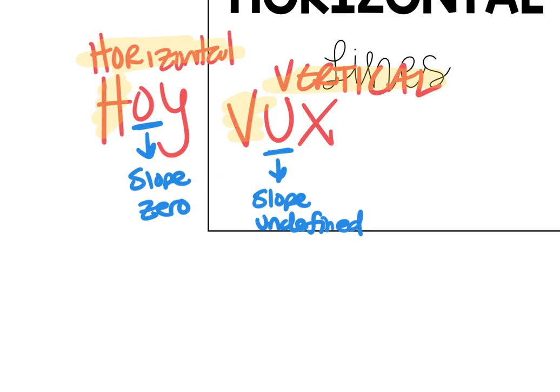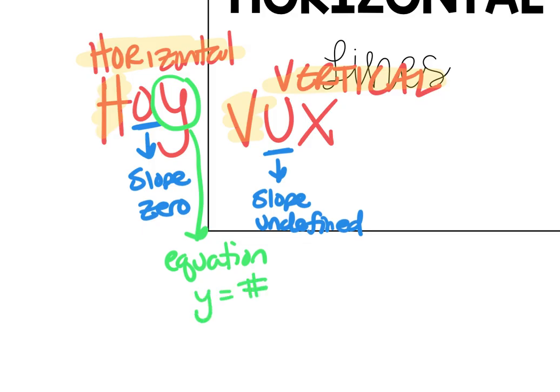Now the last letter, the Y in HOI and the X in VUX, we're going to use that right now. The Y is going to help me remember the equation for a horizontal line. It's just y equals whatever number it cuts through the y-axis.